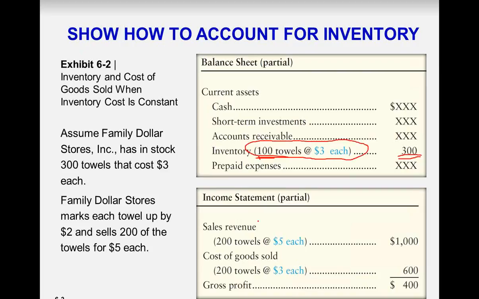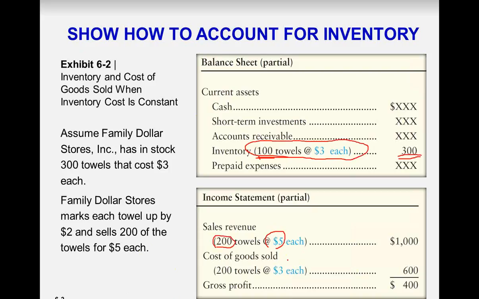How does that affect my revenue on the income statement? How many towels did I sell? In this case, they're telling me I sold 200 towels. I sold them for $5 each. Okay, this is my sales price.